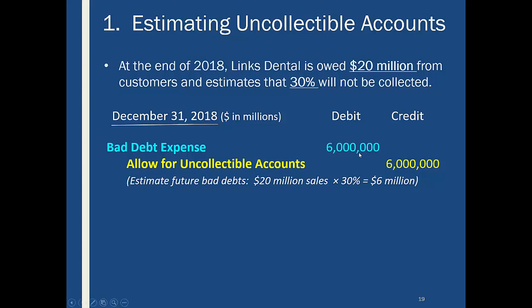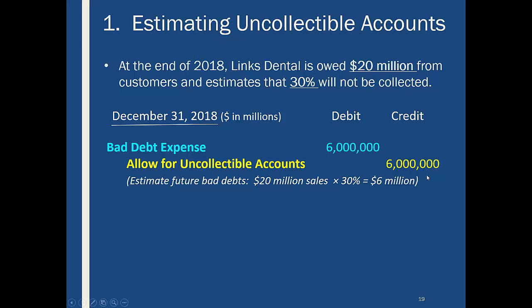And then the other part of that, remember an expense is a debit, so this is good. Then the allowance account is a contra account to accounts receivable, and it turns out that we're going to reduce accounts receivable by this $6 million.